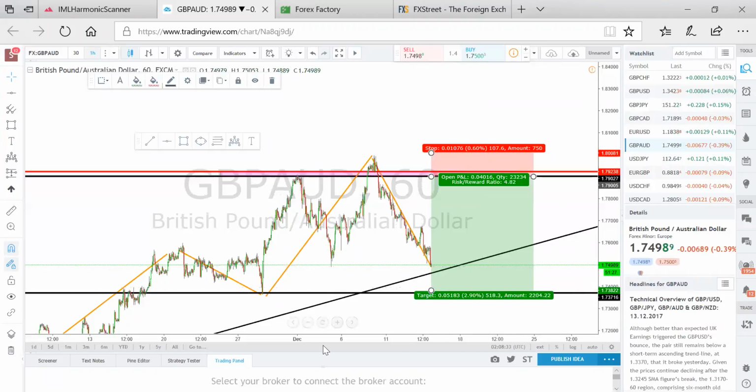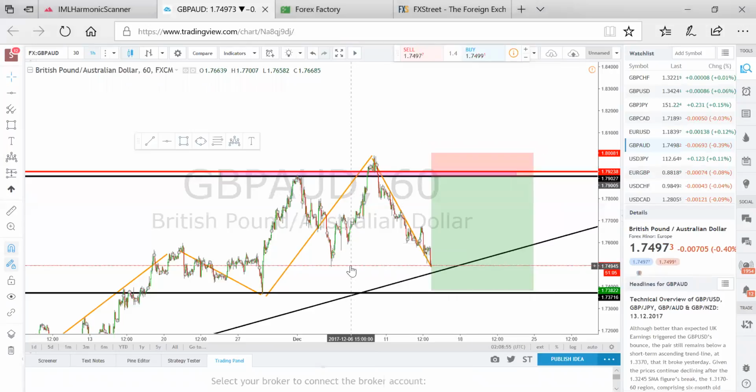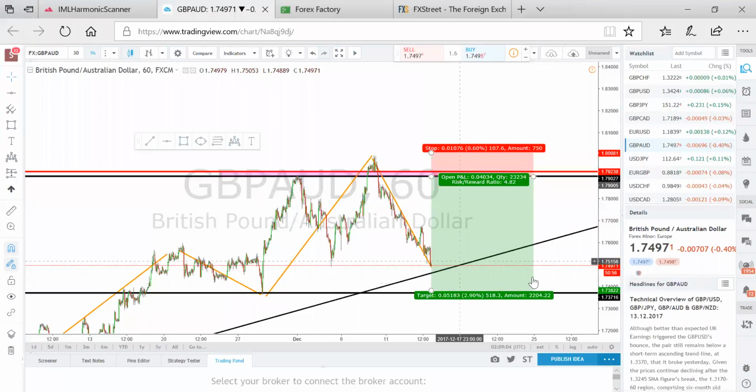Is there somebody who wants to say anything? No? All right. Yeah, so this is a good trade, but I think you'll have to have a very, very good stop loss. Where price is at is a nice zone since it broke your black line. What black line? Chris?